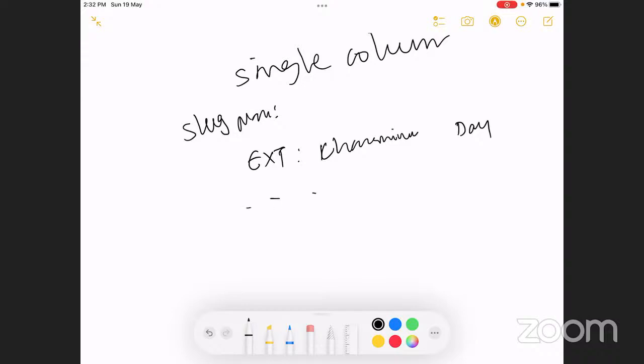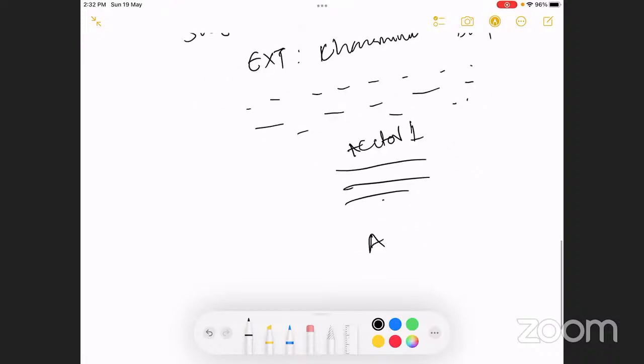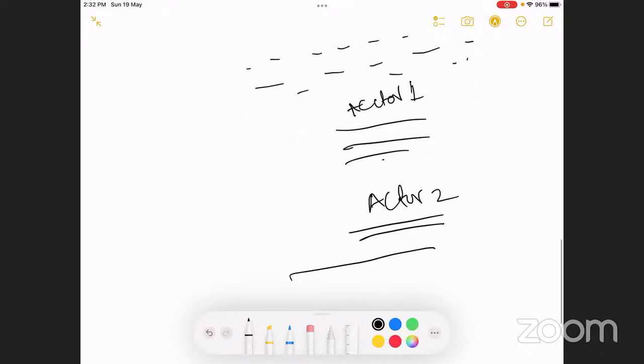So you need to describe the location. Then if there are dialogues, actor one and his dialogues. Then actor two's dialogues, and at the end of the scene, you need to either cut to the next shot, or fade, based on your script.